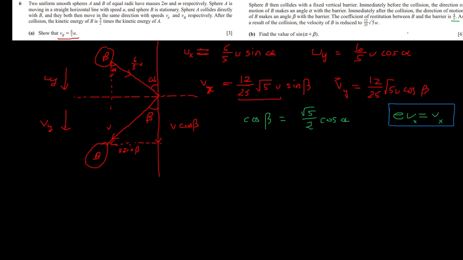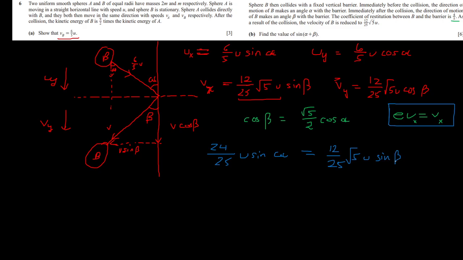We multiply that by 4 by 5, and that gives us 24 over 25 u sine alpha. 6 by 5 times 4 by 5 gives you 24 over 25 u sine alpha, and this is equal to vx, which is v sine beta, or 12 by 25 root 5 u sine beta.